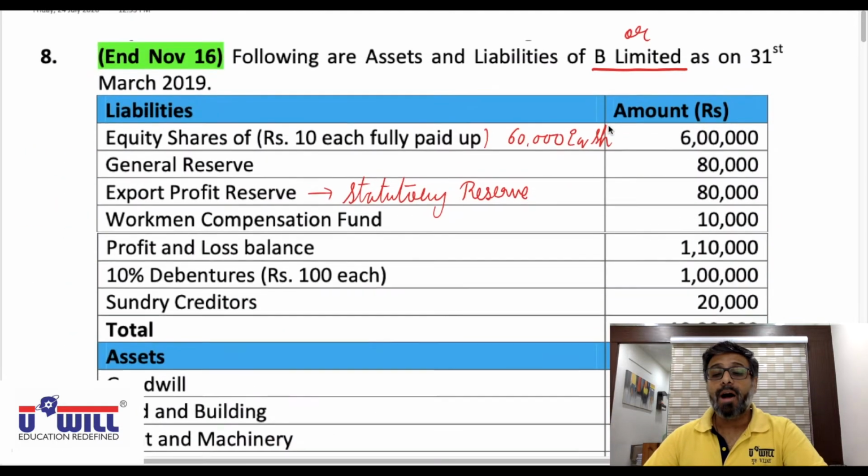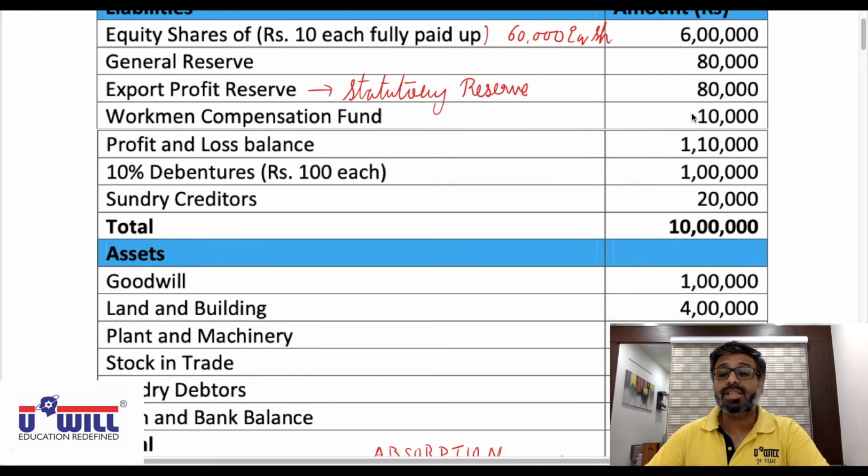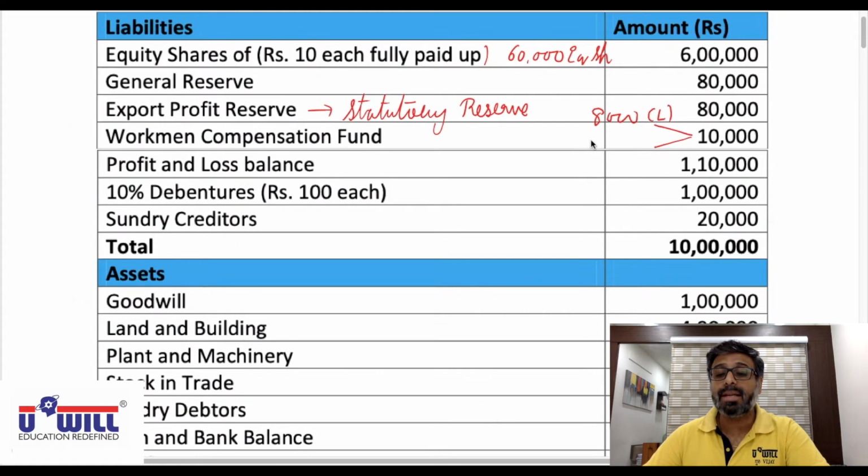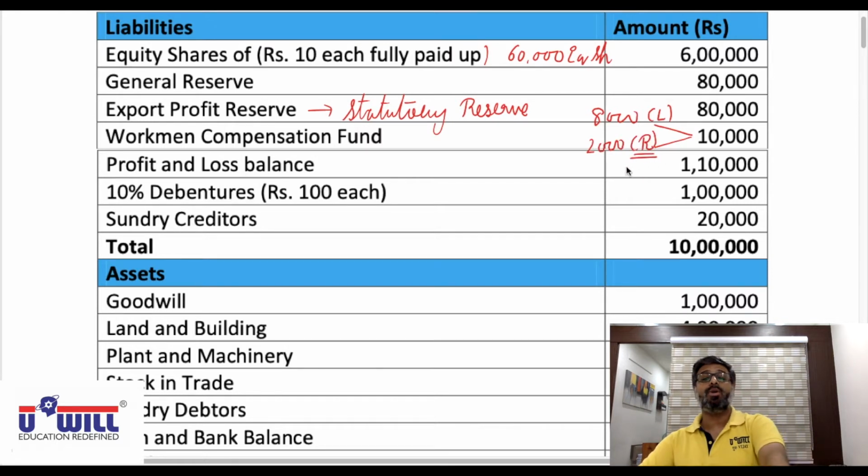So out of this workmen's compensation fund of 10,000, 8,000 is a liability as we have to pay it to the worker, and only 2,000 is in the nature of reserves, which we will transfer to the equity shareholders account.